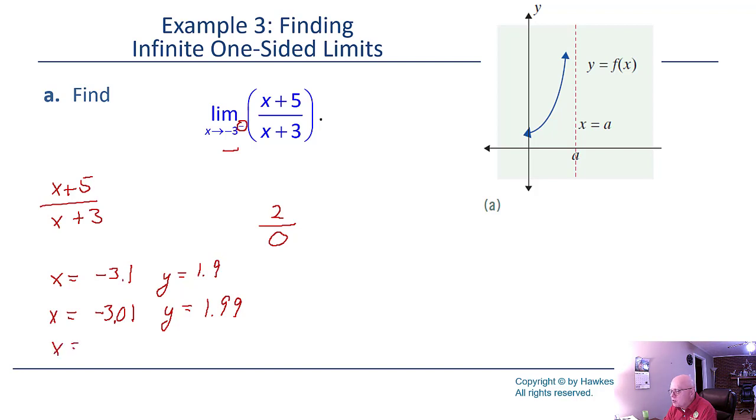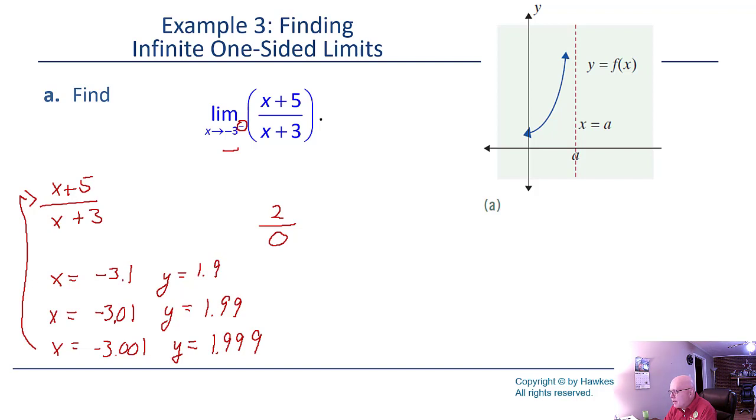Let's try getting closer. -3.001. Put the -3.001 in and add it to the 5. What do you get for y? You get 1.999.